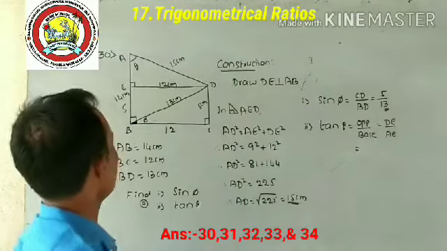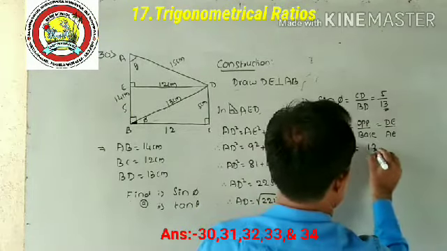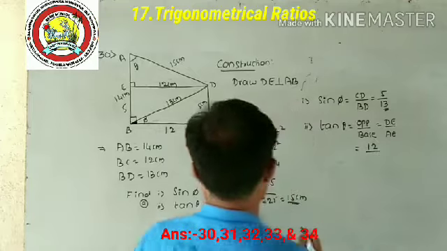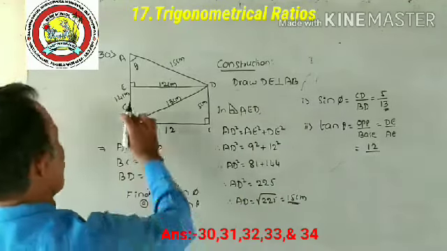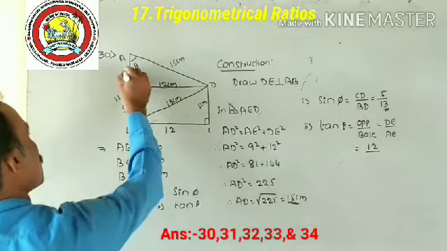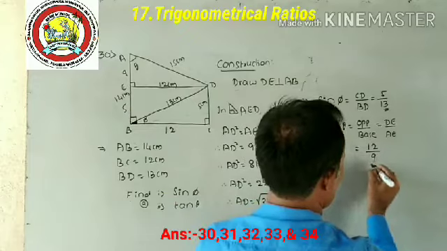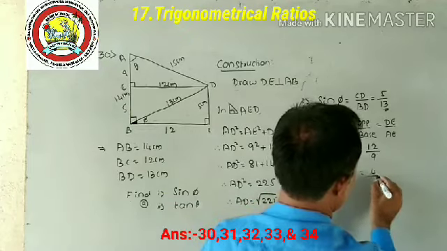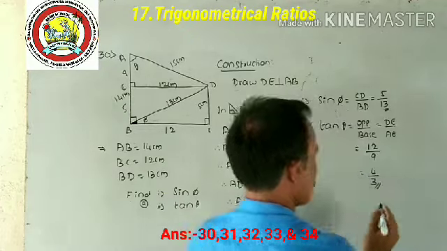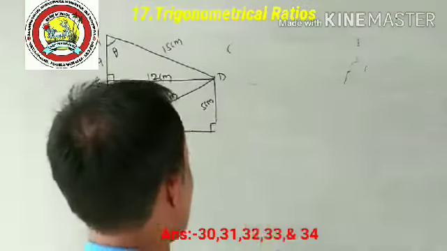What is the value of DE? 12. What is the value of AE? Just now we got that AE is equal to 9. So 12 by 9, that is 4 divided by 3. Let's see the next question, B.